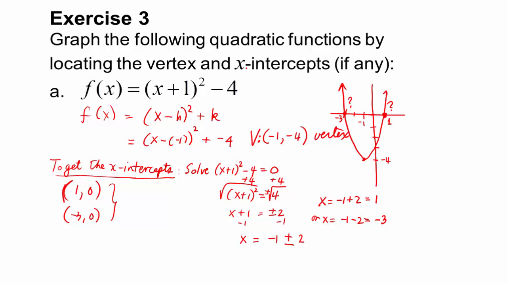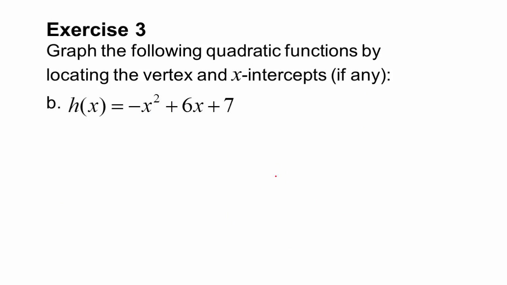That's why in the homework, if they ask you, are there any x-intercepts? If the result of solving this is an imaginary number, then that means there are no x-intercepts. You have 0 x-intercepts, or they don't exist.